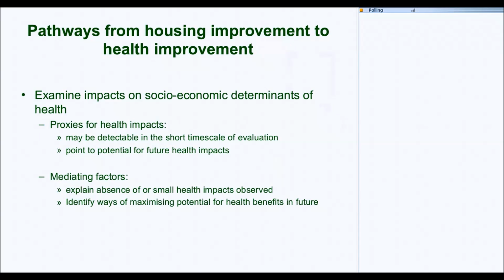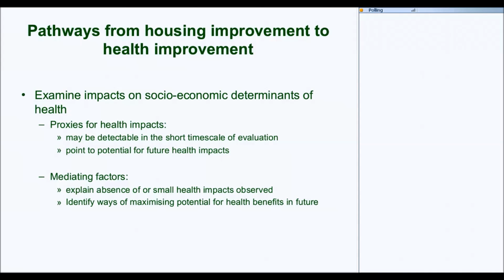And if you can detect changes in these proxy measures, you can at least say that it points in the right direction and suggests there might be potential for longer term health effects. Also, as I explained with the example of the doubling of rents and mortality, they might act as mediating factors, and help to explain the absence or presence of health impacts that you're seeing.